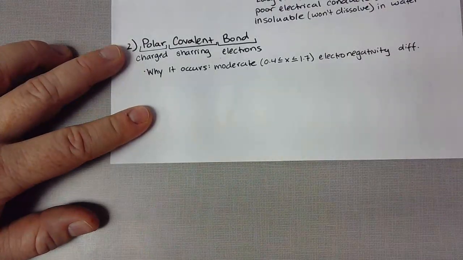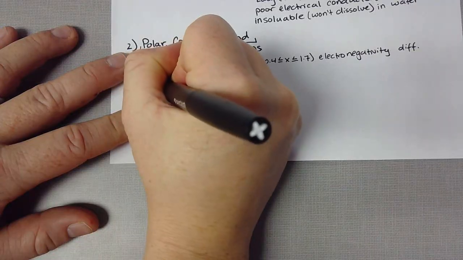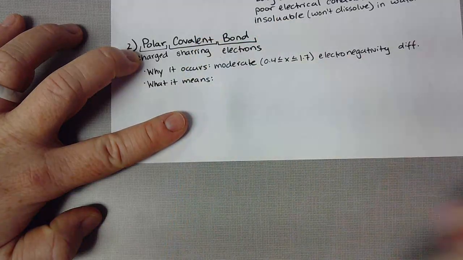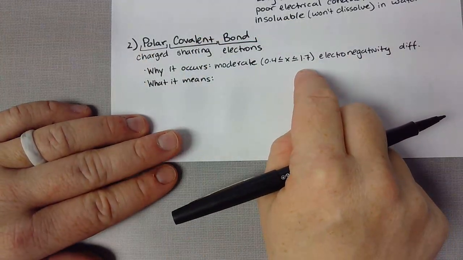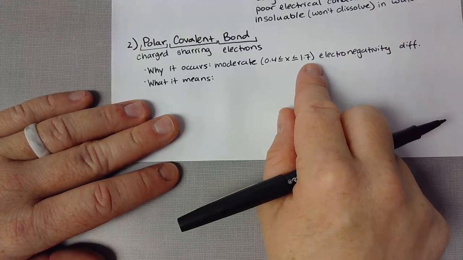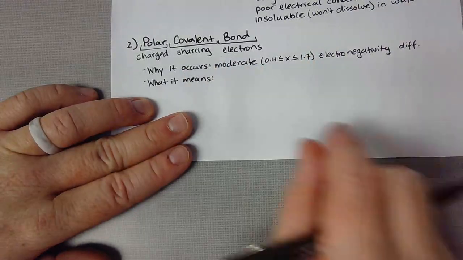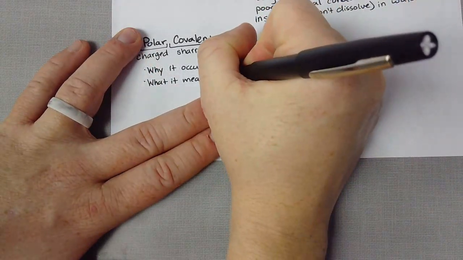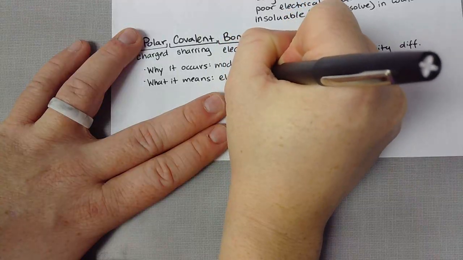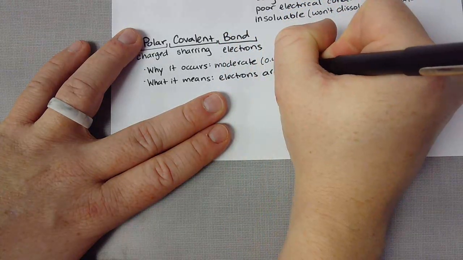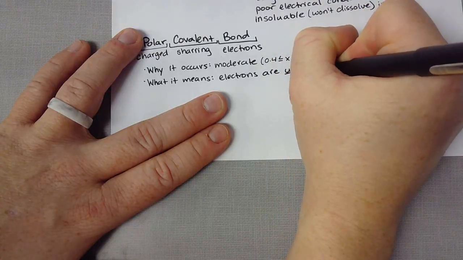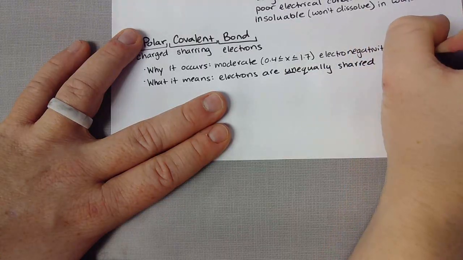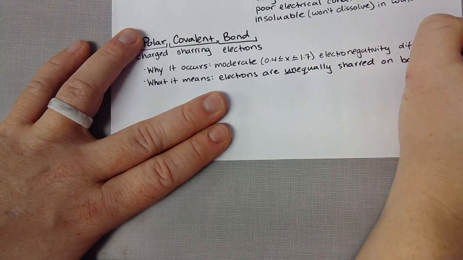So that's why it occurs. What it means: essentially, somebody wants the electrons more than somebody else. So the electrons are still going to be shared because that's in our definition, but they're going to be unequally shared along the bond.